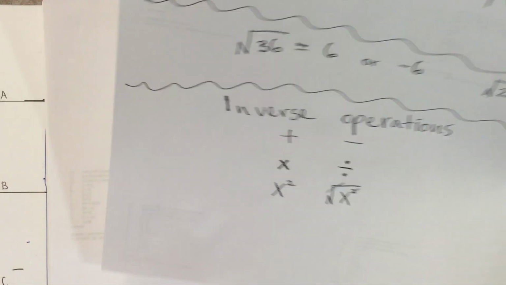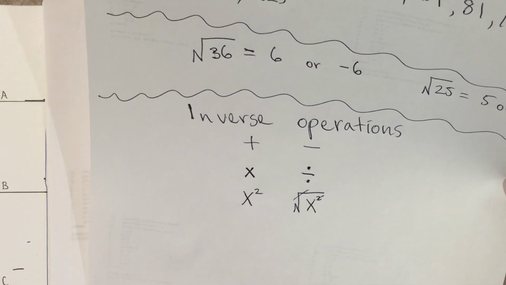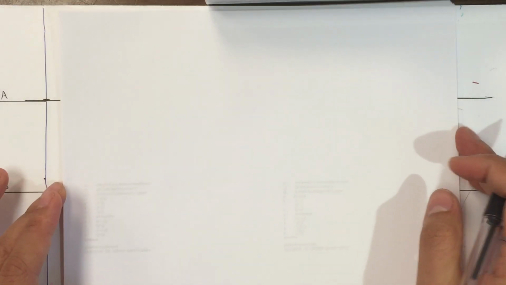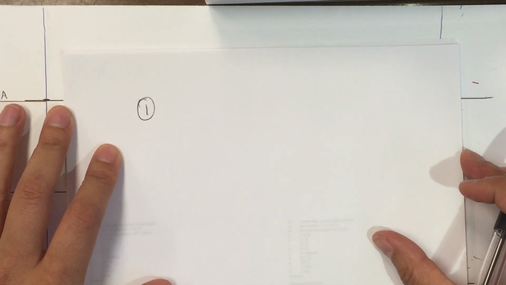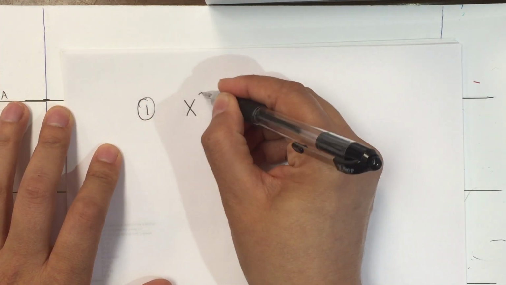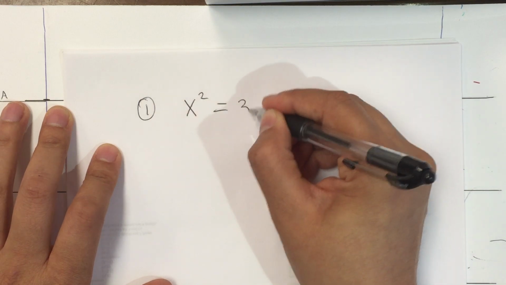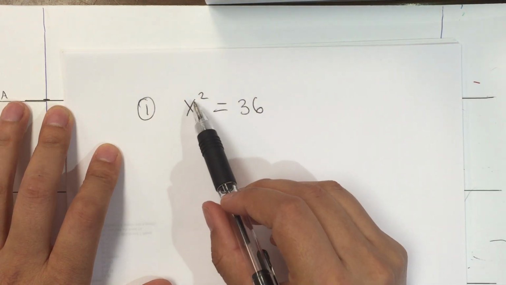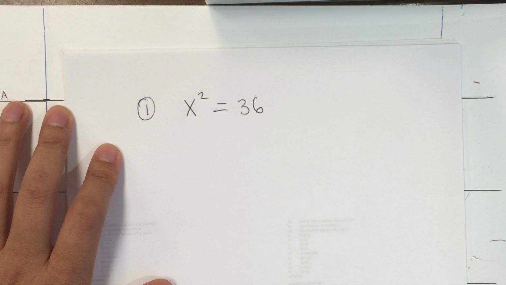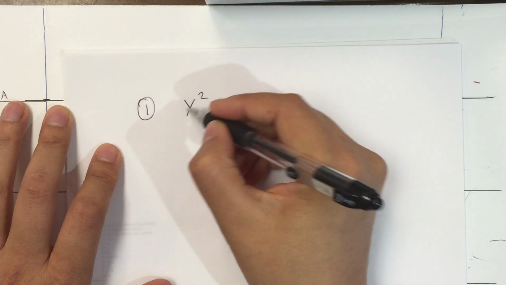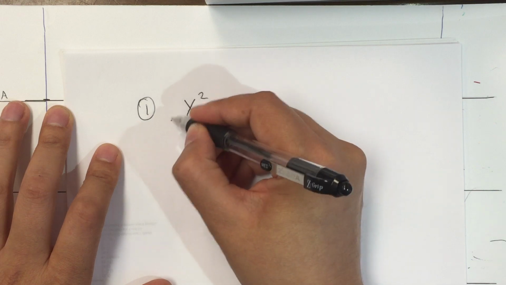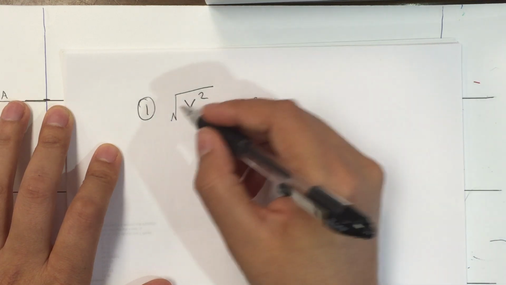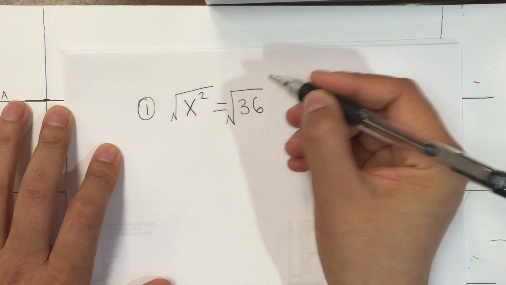Now let's start solving some simple quadratic equations. Number 1, if I have x squared equals 36, what is the value of x? As mentioned before, I want to leave x by itself, so the inverse of square will be square root, but if I do it on one side, I do it to the other.